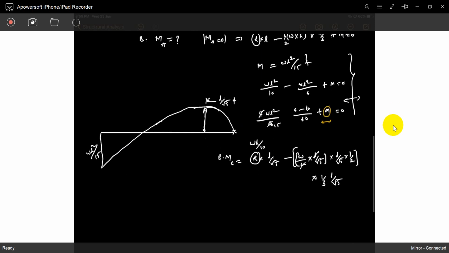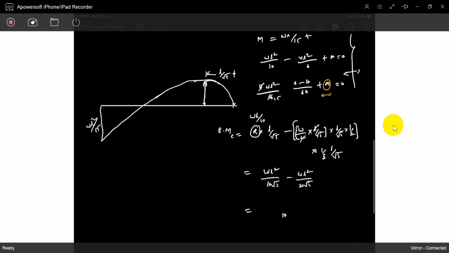So what is the value? WL square by 10 root 5, and this will come WL square by 30 root 5. So 30 root 5 minus 10 root 5, so 30 minus 10, 20 root 5 divided by 1035 WL square.